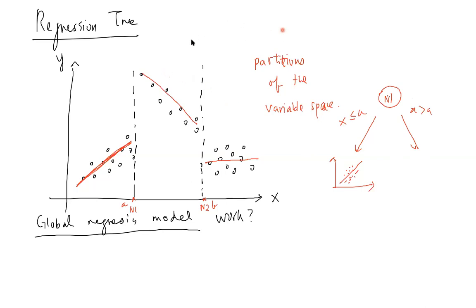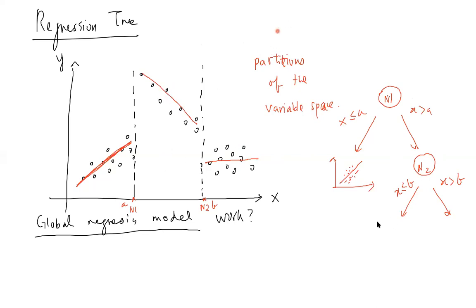So you can then consider another split here, node 2, right? For the second node split here, if X is below or equal to B, and then X greater than B, right? For X greater than B, it will be this region. And for X less than B, it will be this region, okay?